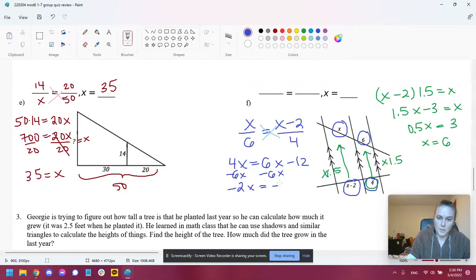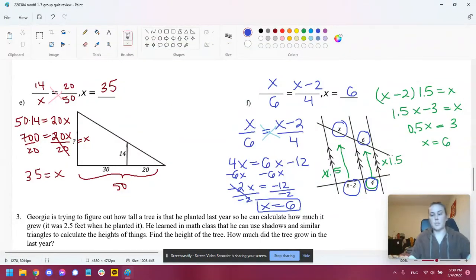Get negative 2x is negative 12. Divide by negative 2 on both sides, and get x is 6. So I guess I was right over here. But again, the much more normal way to do this would be to set up the proportion x over 6 and x minus 2 over 4. Nice.